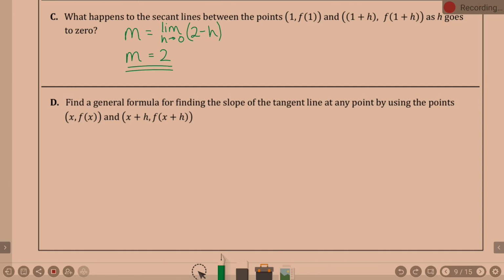So, what do I want to say here? The slope of the tangent line is that limit as h approaches 0 of f of x plus h minus f of x all over h.